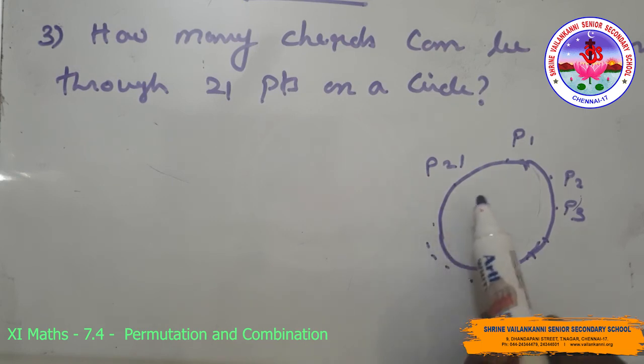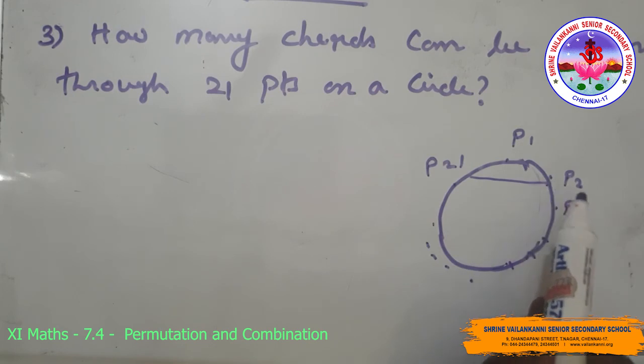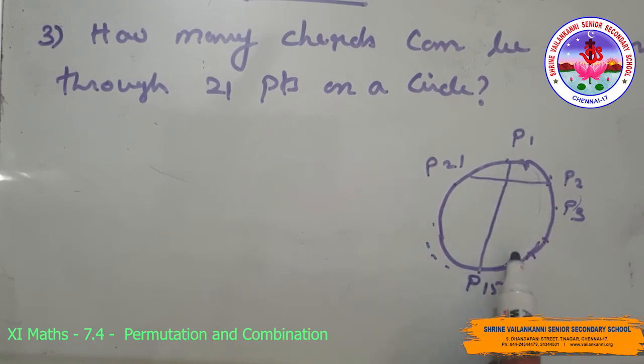So we are taking 2 at a time to draw a chord. Suppose we are joining P21 and P2, so one chord. Then let's take P1 and P15. So 2 points to make a chord from 21 points on a circle.